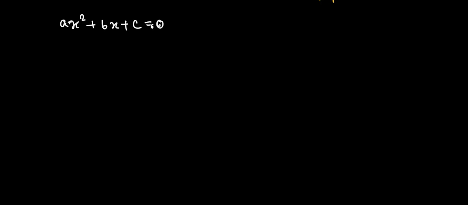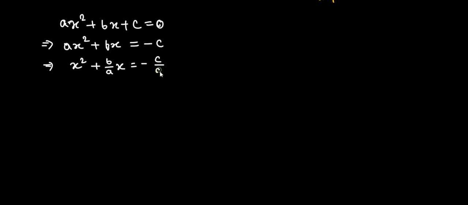Now what we can do, ax square plus bx is equal to minus c. Now divide both sides by a, so it becomes x square plus b by a x is equal to minus c by a, dividing by the coefficient of x square.